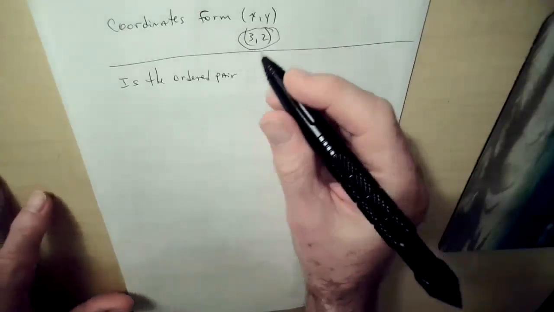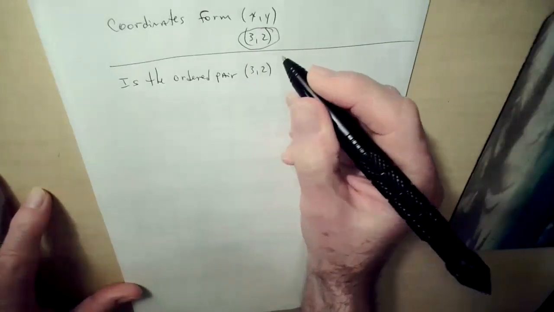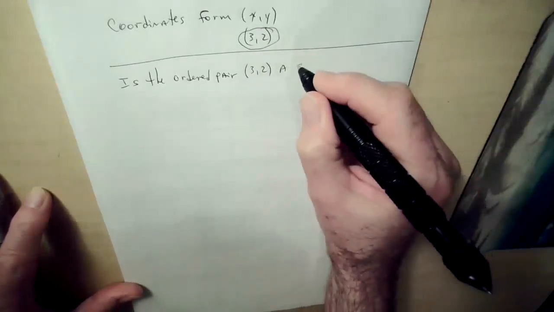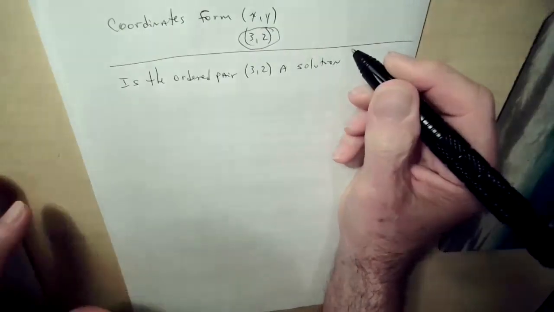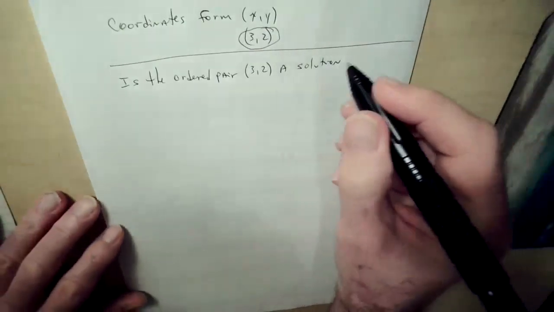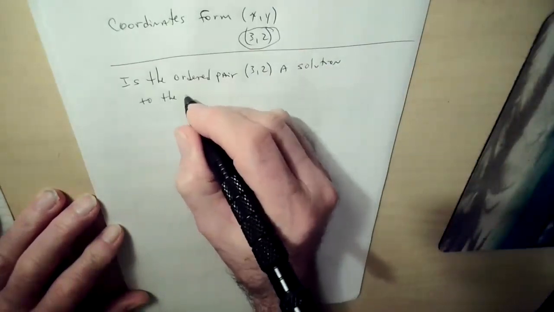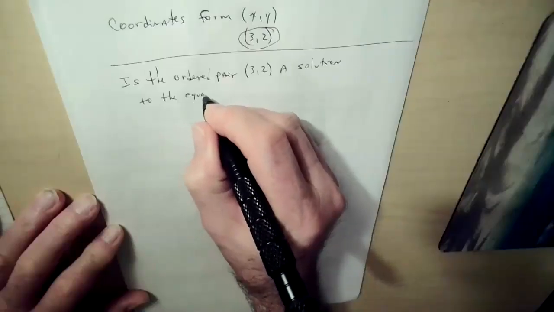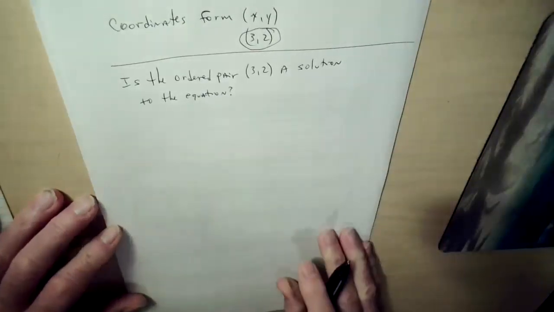It's the ordered pair. Let's just use (3, 2). Solution to the equation.